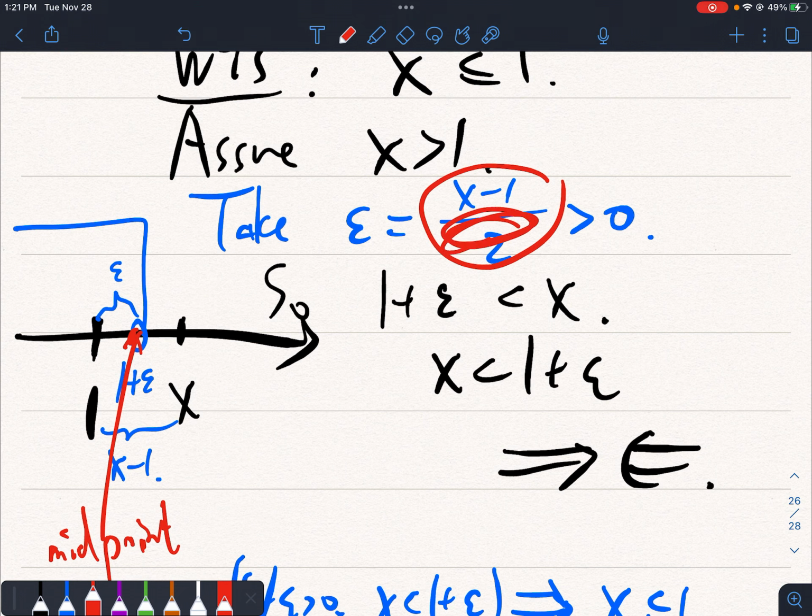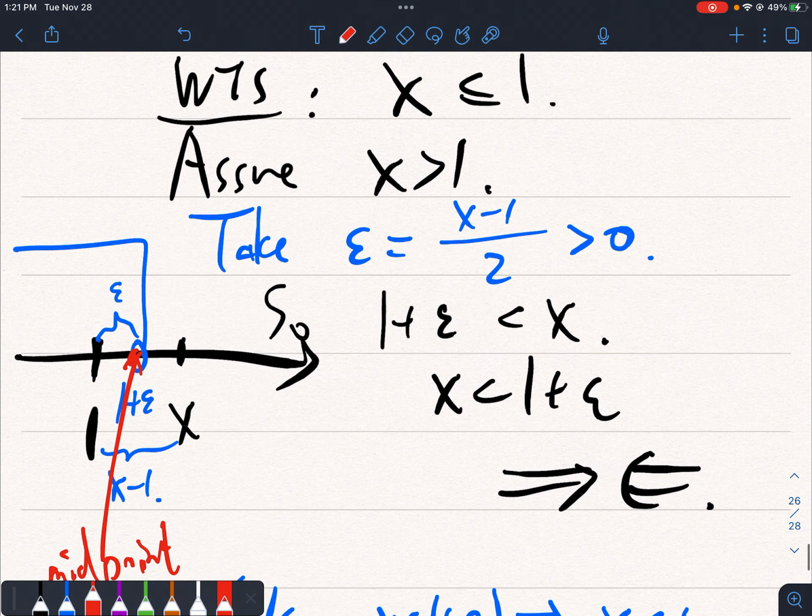Okay, it will not always be correct if we don't divide by 2. If this is equal and this is equal, then we cannot conclude. So it is always better to just divide by 2. Okay, I mean, we don't need the best choice. For the there exists statement, we just want to find some value. We want to find some epsilon that is small.